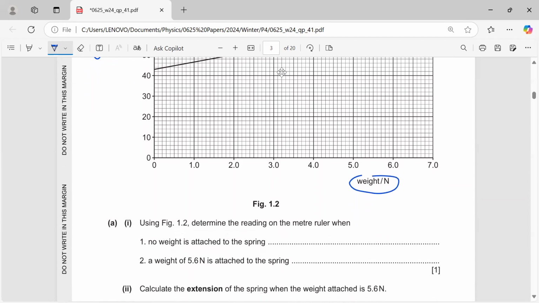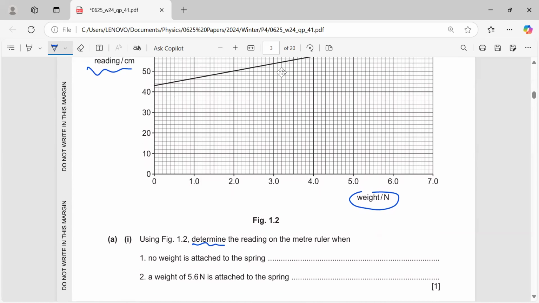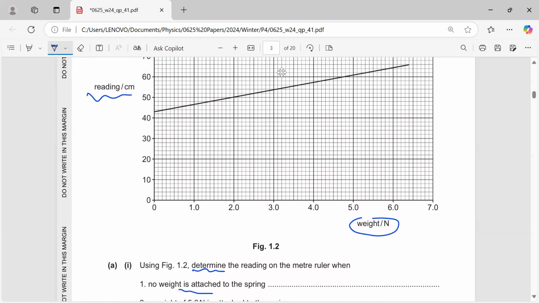Using figure 1.2, determine the reading on the meter rule when no weight is attached to the spring. We don't need to calculate it, we just look at the graph. No weight means zero weight here.